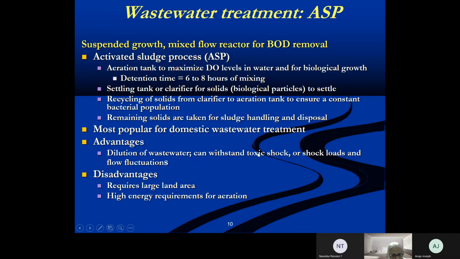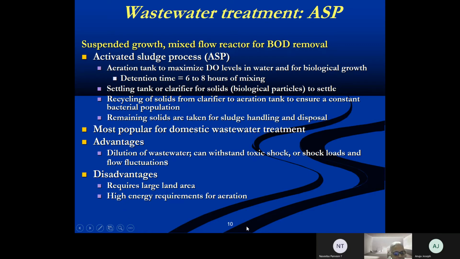But because of dilution, this toxic shock load will be taken care of. So they can withstand a significant toxic shock load, which other processes cannot withstand. So this is the main reason for utilizing activated sludge processes.